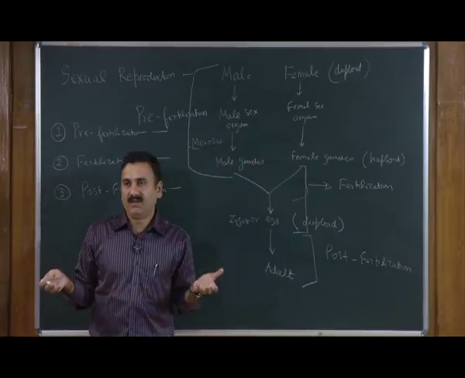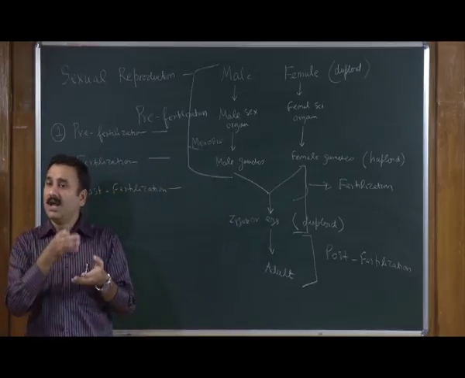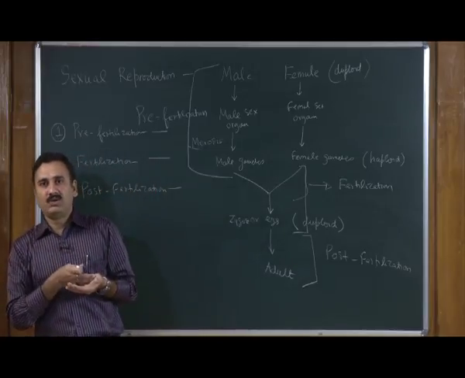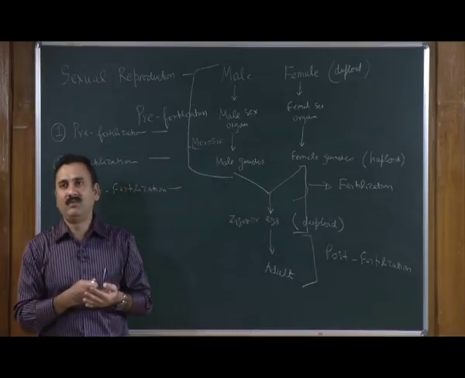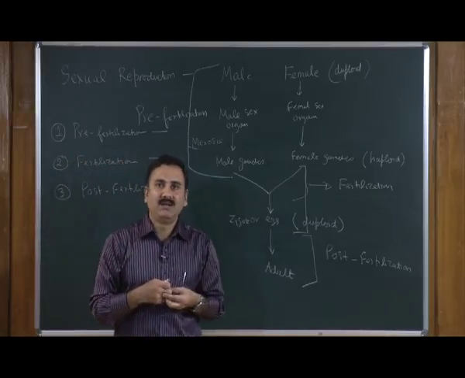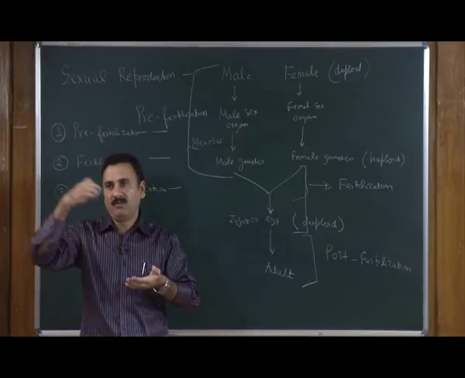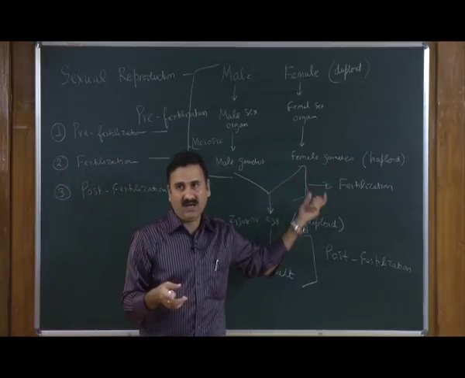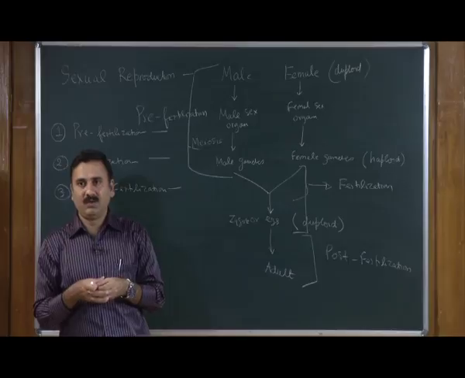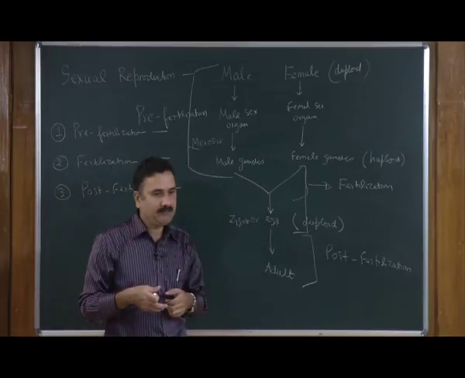For example, in the case of plants, the male gametes are present within the pollen grain, and these pollen grains are not motile. So they take help from the environment and other factors present in the environment to be carried from one place to another, and finally reach the female gamete, and that is how they achieve optimal fusion and produce the zygote.